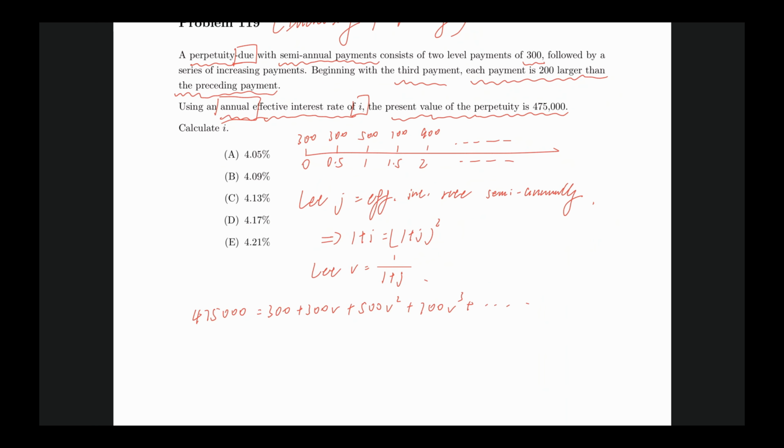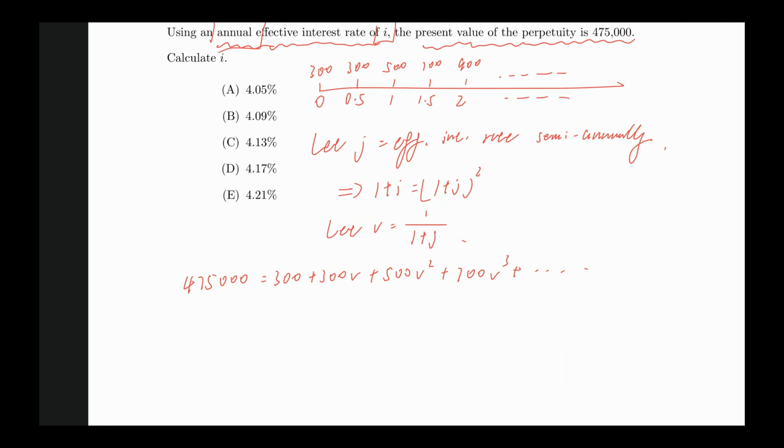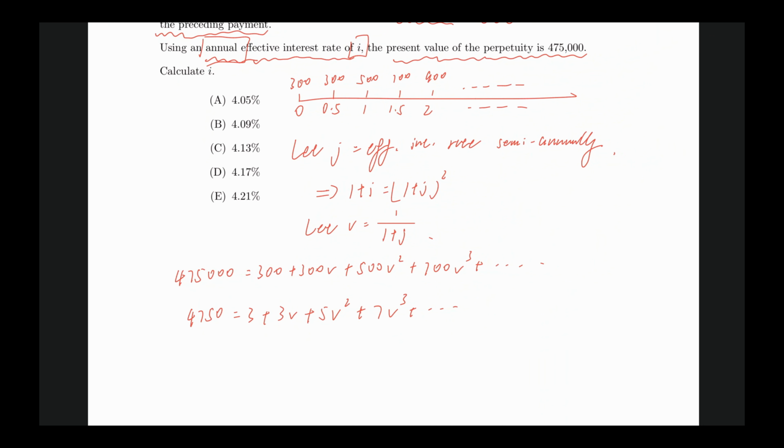Okay, and now let's make everything simpler for a bit. For example, I can divide both sides by 500 because I don't want so many zeros. I can totally do that. Okay, and what else can we do?